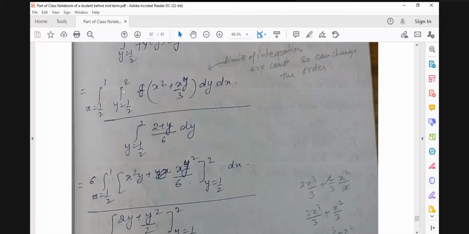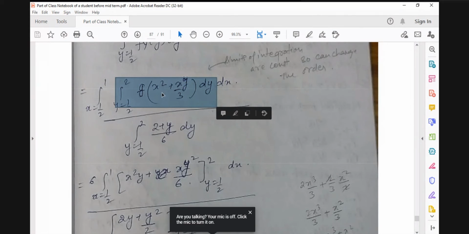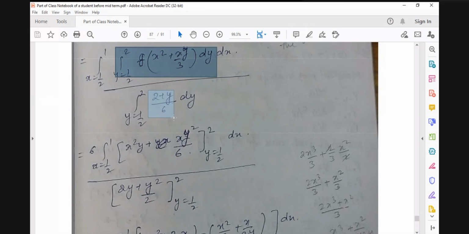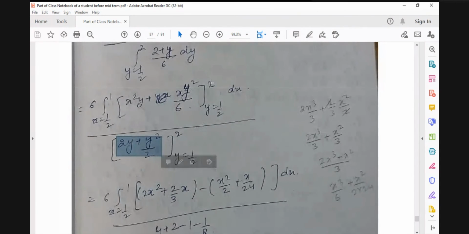So here we are integrating with respect to y first. You can integrate with respect to x first also. So we are integrating with respect to y here. So we will get this x square y and x y square upon 6. And then you have to substitute the lower limit and upper limit, and in the denominator also the integration of this with respect to y will give you this, and then you substitute this upper limit and lower limit.